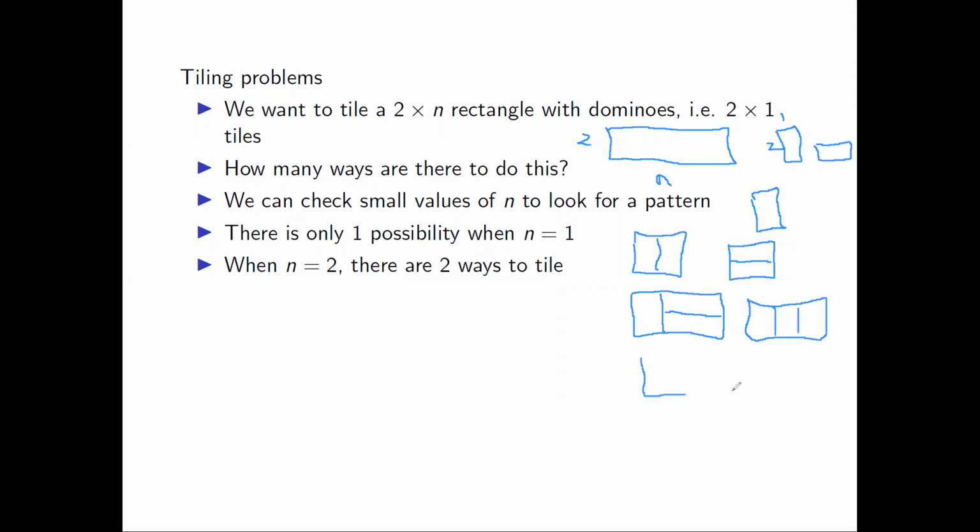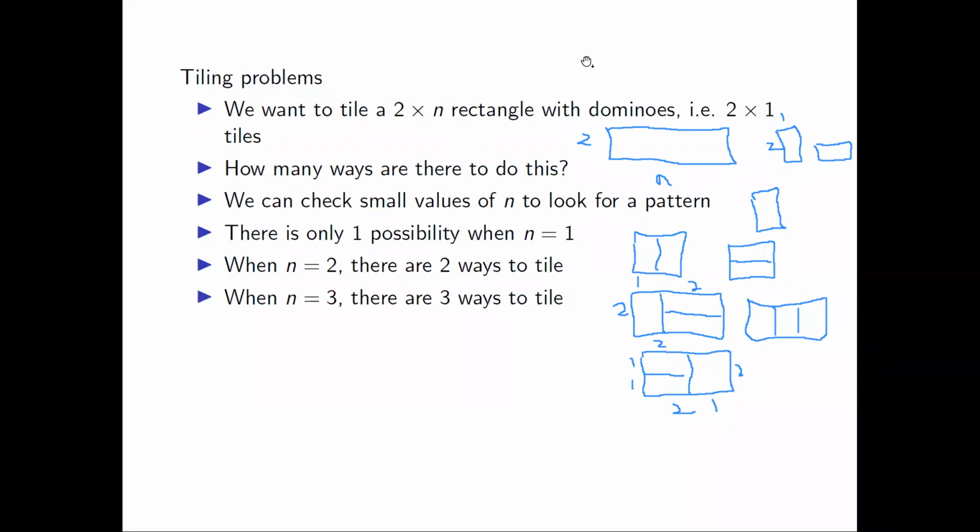And the other possibility for the first column is we do it like this, and that leaves us with 1 column at the end. These are not really drawn to scale, so let me specify the dimensions a little better, in case it's confusing. Hopefully that clears up any issues. So there are 3 possibilities for the 2 by 3 rectangle.